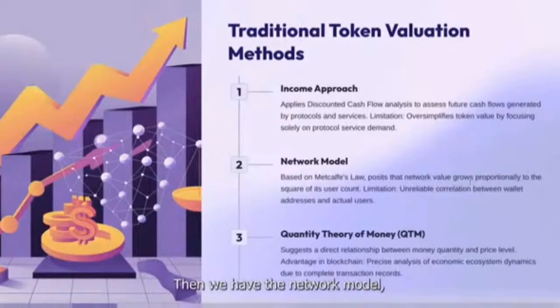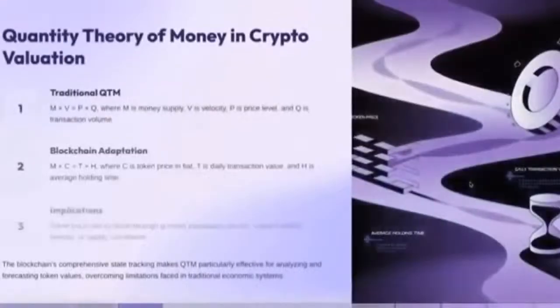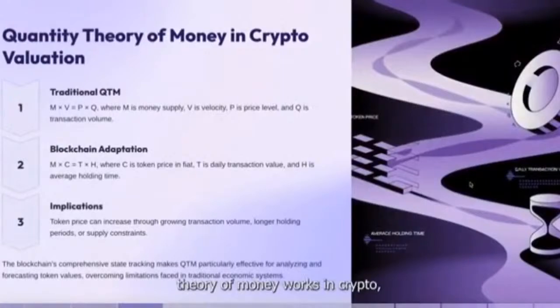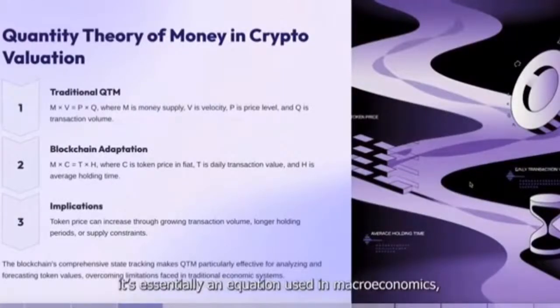Then we have the network model, which, to be honest with you, is an interesting idea, but it's not as easy to apply to cryptocurrencies, even though some people have tried. And finally, we have the quantity theory of money, which, while it has its imperfections, still remains, to a large extent, the most popular theory for valuing cryptocurrencies. The quantity theory of money is essentially an equation used in macroeconomics, and with a few small adaptations, you can use it in crypto.